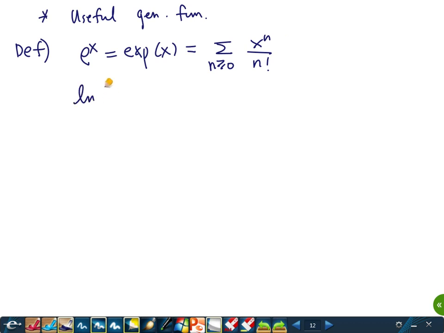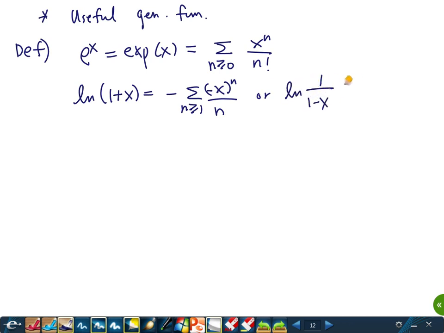And log of 1 plus x is by definition the sum over n from 1 of minus x to the n, or if you want, this looks nicer in this formal power series, but they are equivalent.